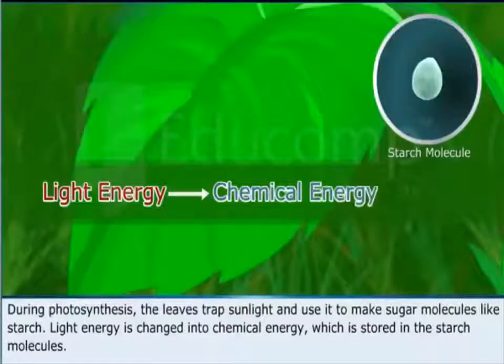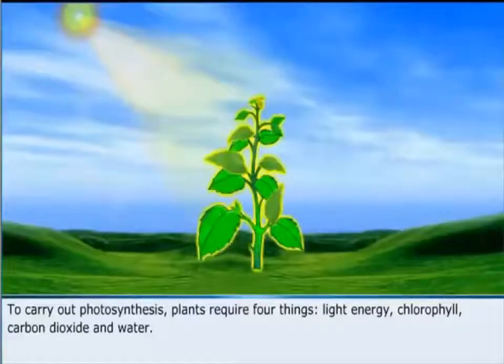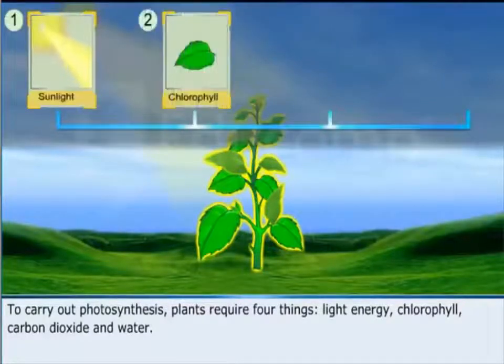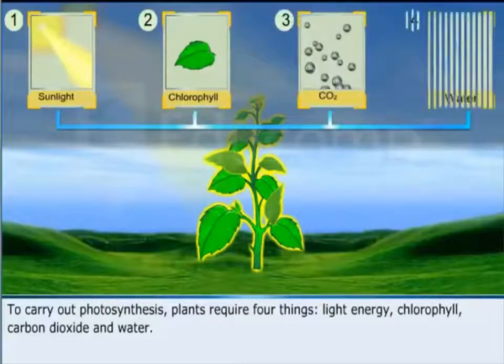Light energy is changed into chemical energy which is stored in the starch molecules. To carry out photosynthesis, plants require four things: light energy, chlorophyll, carbon dioxide, and water.